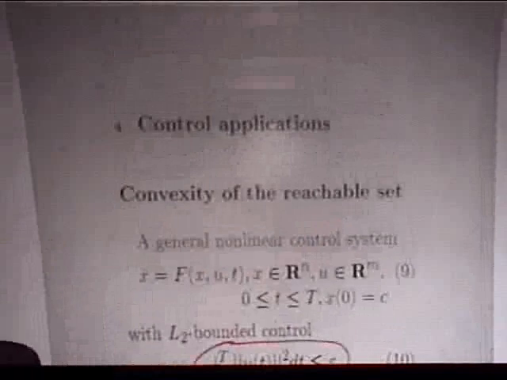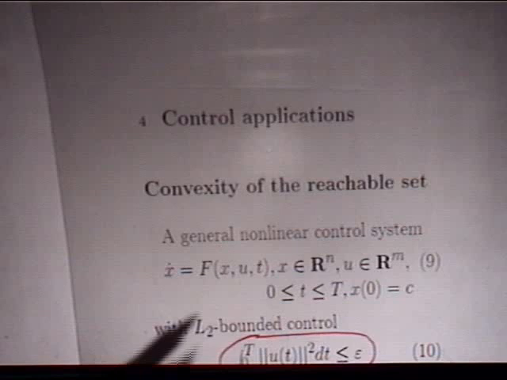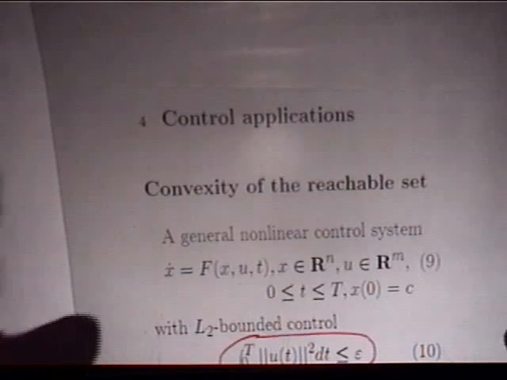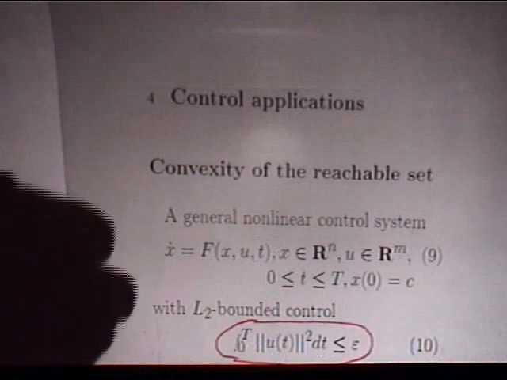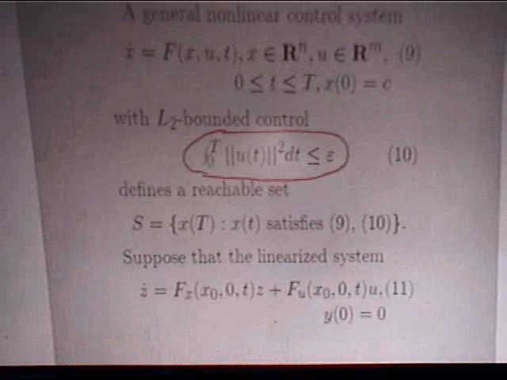So, okay, now some assumptions. Of course, if this system was linear in X and U, there was no problem, then this reachable set was convex for any epsilon, and it is trivial, but we don't assume this system to be linear. What we do assume is that the linearized system is controllable.